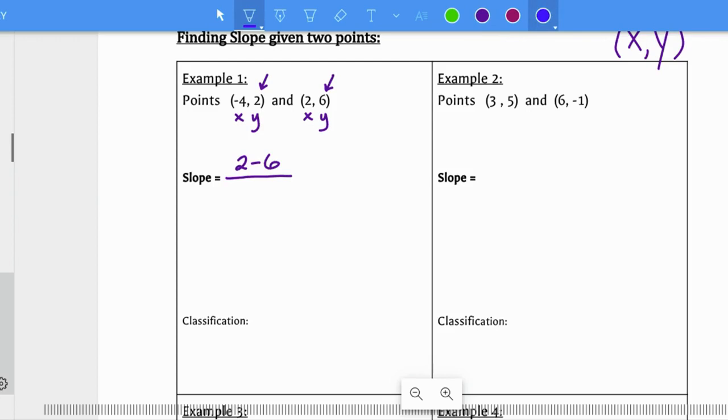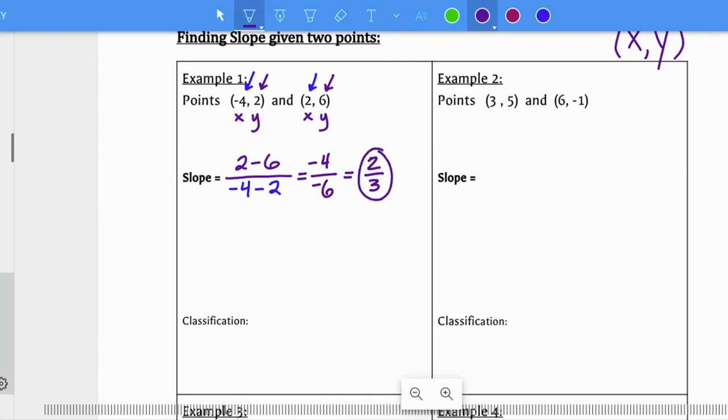I'm going to subtract this x coordinate of -4 minus this x coordinate of 2. Difference of y's over difference of x's. So when we go ahead and subtract, this gives me -4 over a -6. A negative divided by a negative makes a positive, and this can be reduced to 2/3.